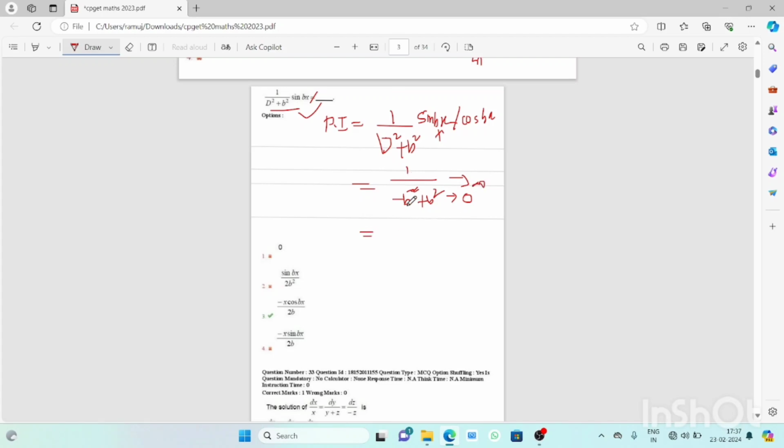Whenever this type of case arrives, we have to multiply with x and differentiate the denominator. So we just multiply x into sin bx, the given function, and the denominator, if you differentiate, this is a constant, it goes to 0, and we get 2D.